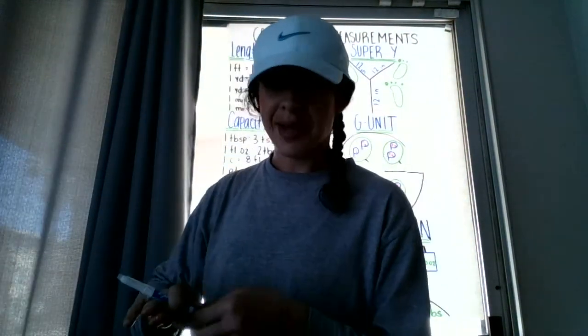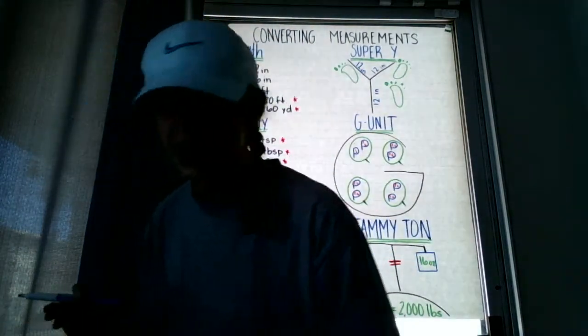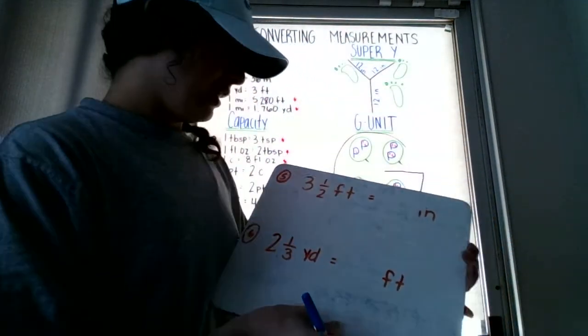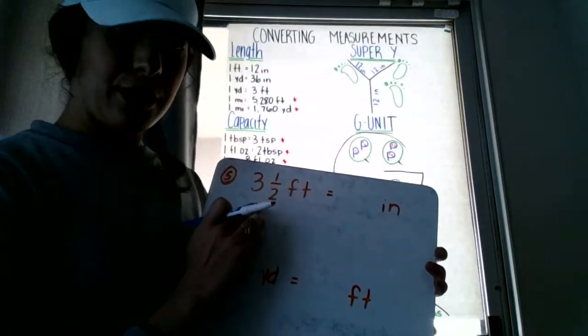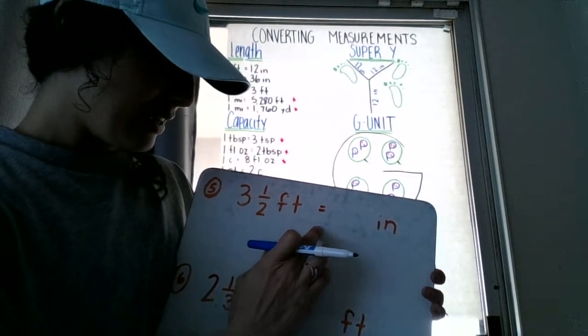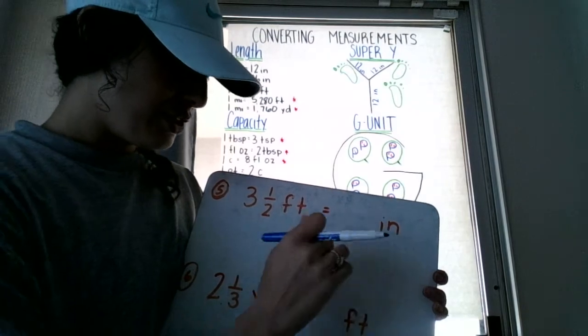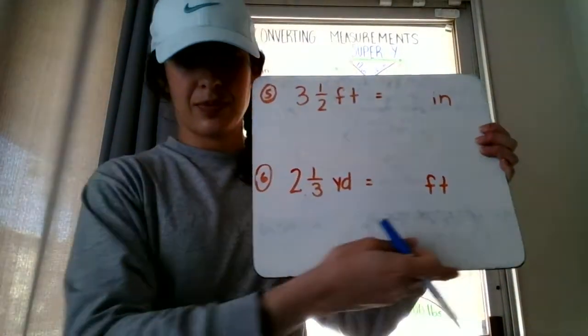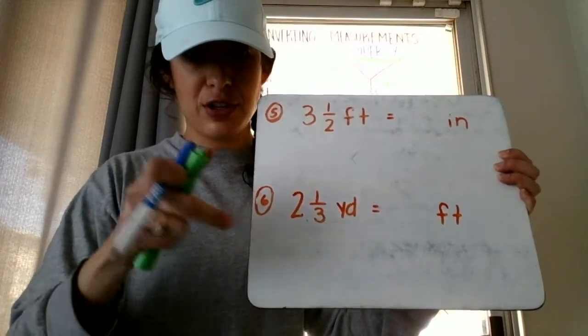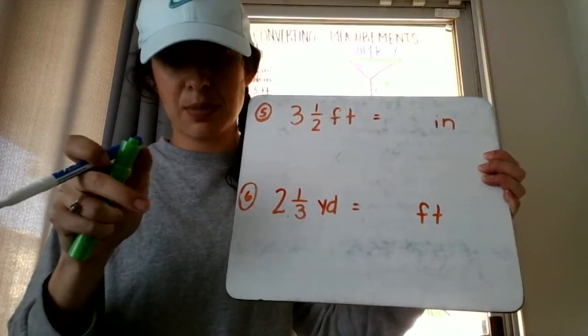So you might get some questions like this, so this is where knowing fractions is really important, okay? Let's say I have 3.5 feet, and I want to go to inches. So 1 foot and an inch. I'm going from a foot to an inch, so I'm going from big to small.